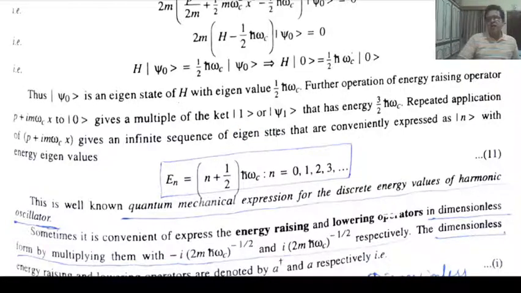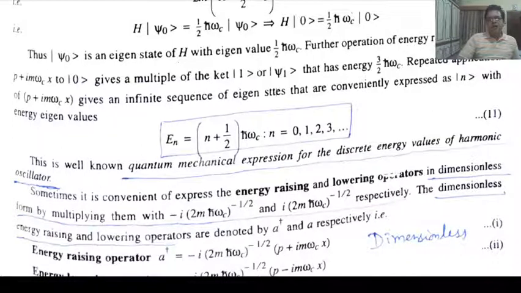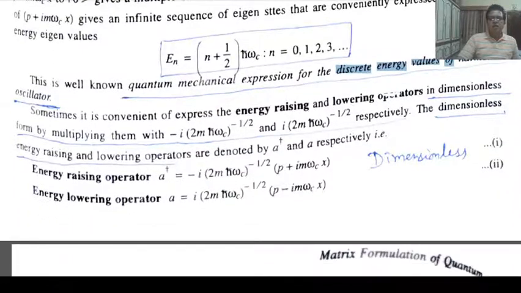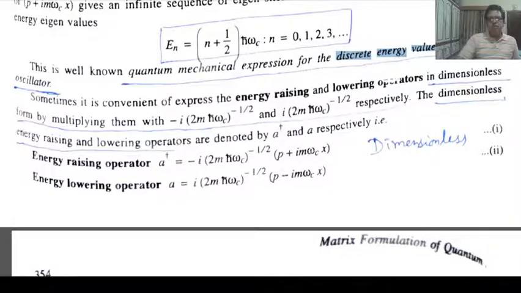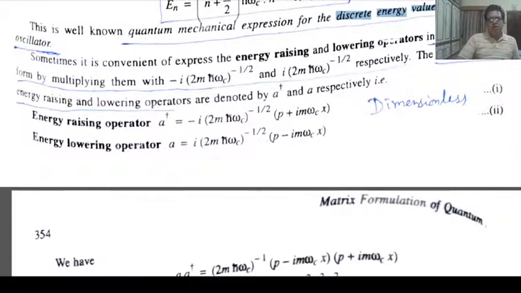And conventionally, ket n with energy eigenvalues En equal to n plus half H cross omega C, where n equal to 0, 1, 2, 3. This is the well-known quantum mechanical expression for discrete energy eigenvalues for the harmonic oscillator. This is the same result that we derived from the Schrodinger method.